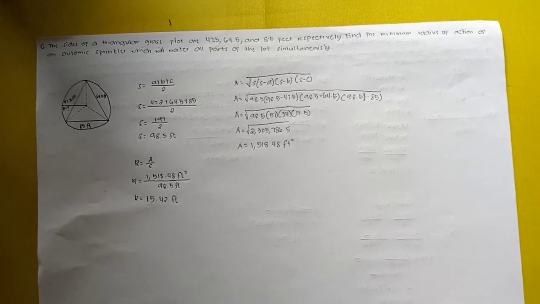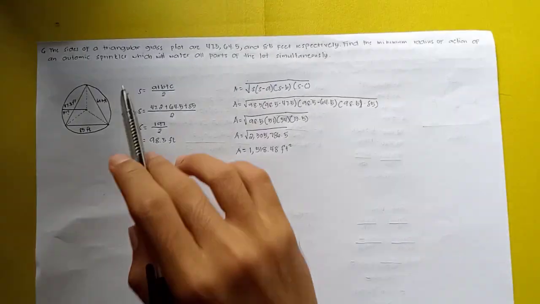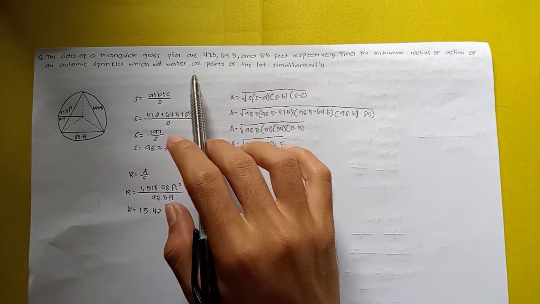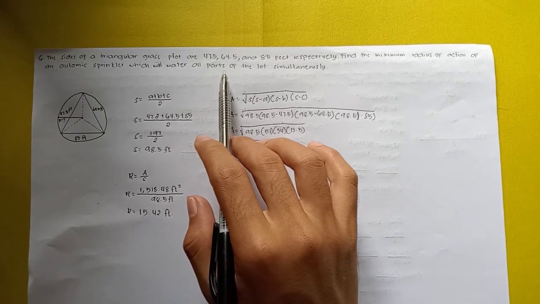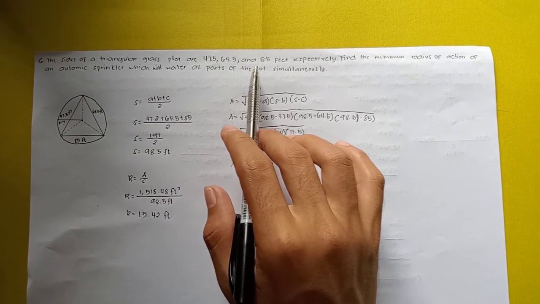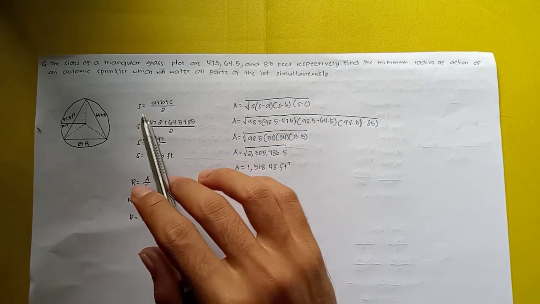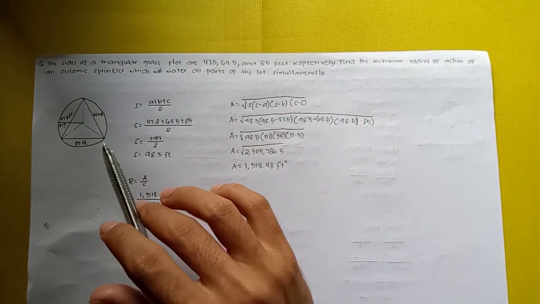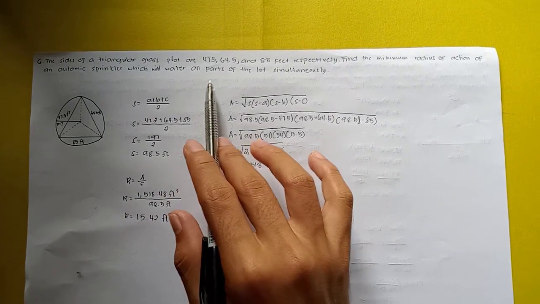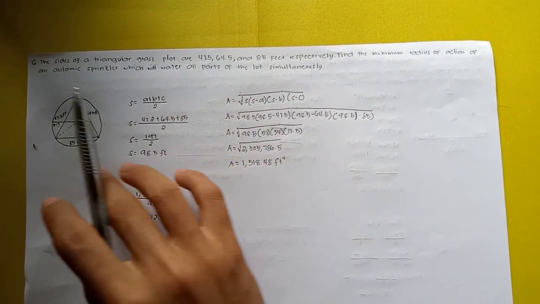The last problem of our trigonometry. The sides of a triangular grass plot are 47.5, 64.5, and 85 feet respectively. Find the minimum radius of action of an automatic sprinkler which will water all parts of the lot simultaneously.